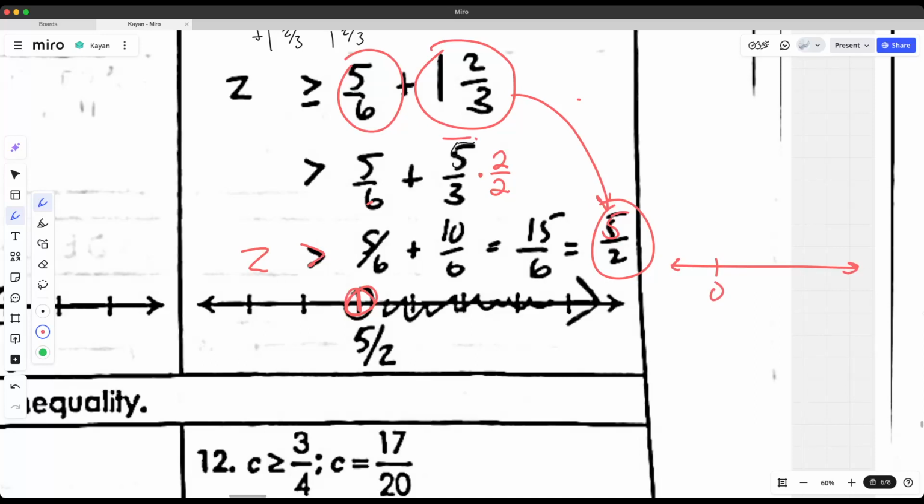Especially since this is 5/2. She might say, no, since it's a fraction, it has to be between integer values. Maybe she would want something like this.